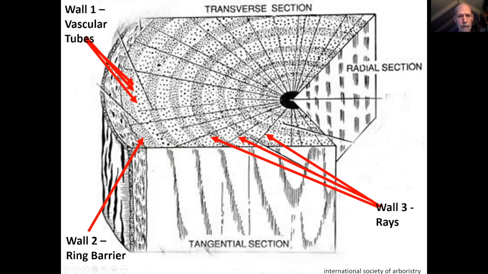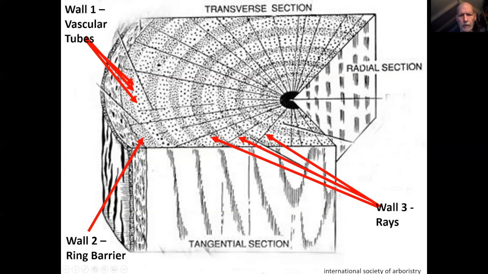And the third place would be in these, which are called rays. And rays are kind of like vascular tissue tubes that go laterally into the center of the tree. And let's say the damage is here, maybe this ray, this ray, this ray, they would be blocked off by the release of chemicals that clog those passages so nothing can get through it.